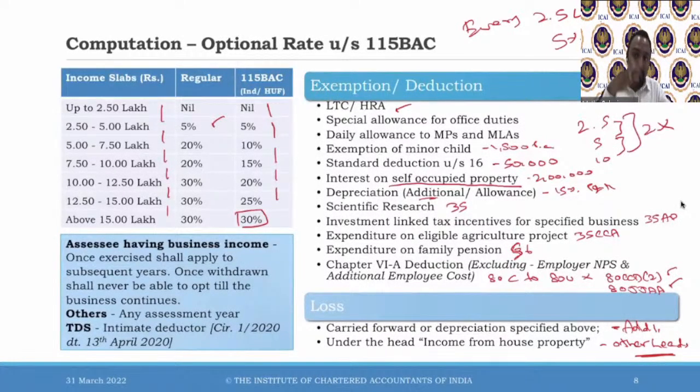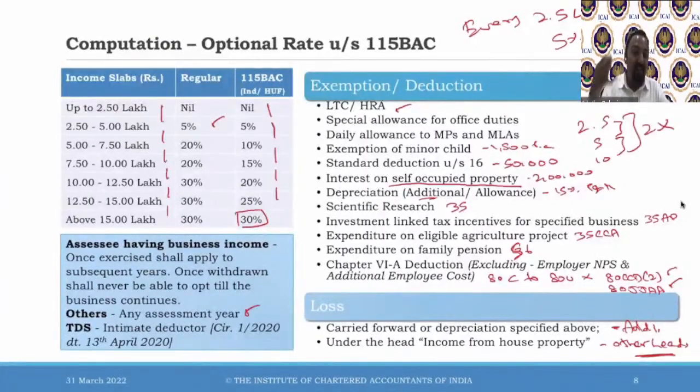After foregoing all this, if you have a beneficial outcome, that is if you have lower taxes, then you can opt for this. But when you're opting, one thing to remember is that this option is every year. Let's say for previous year 21-22, I opt for 115BAC. For previous year 22-23, I don't need 115BAC. This is perfectly fine for any assessment.